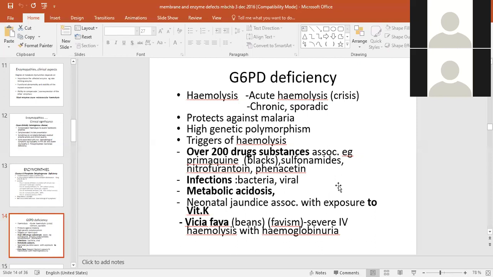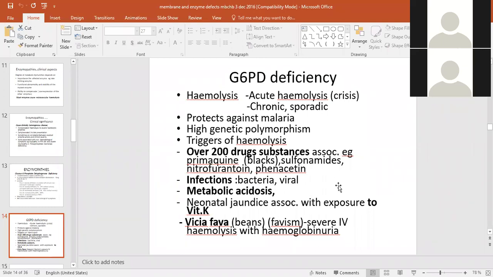Okay, we have sulfonamides, nitrofurantoin, that may be associated with the urinary tract and the likes, phenacetin, etc. So there are many drugs that have been associated with a hemolytic outcome in G6PD deficiency. And so a patient who is on treatment ending up with some level of icterus or yellowness or jaundice as a result of medication sometimes may not just be an indication of hemolysis, but we need to suspect G6PD deficiency.